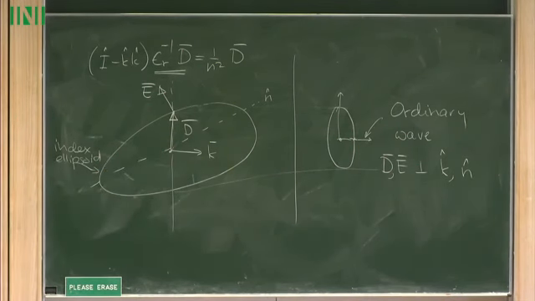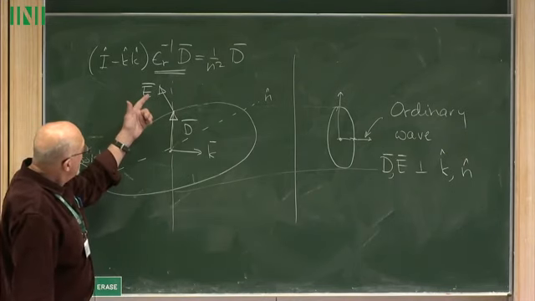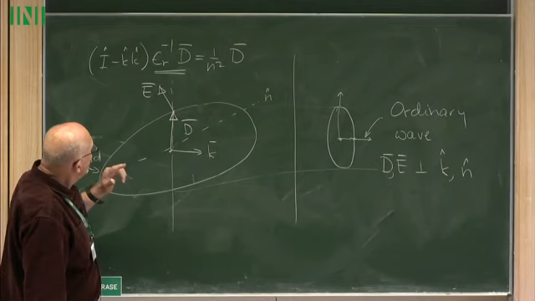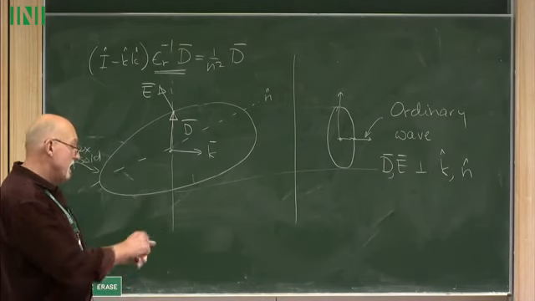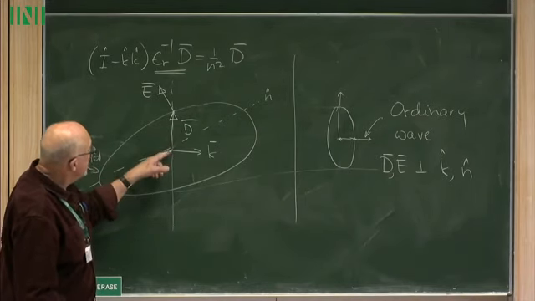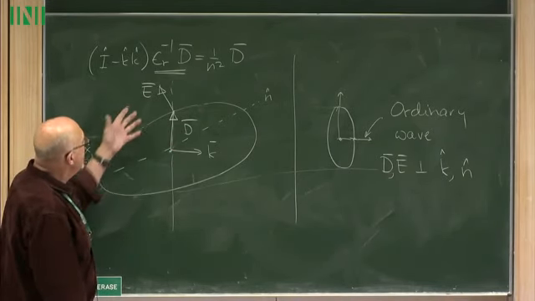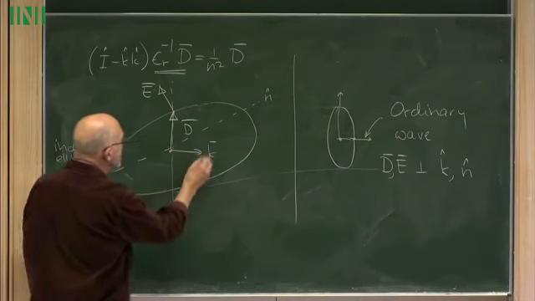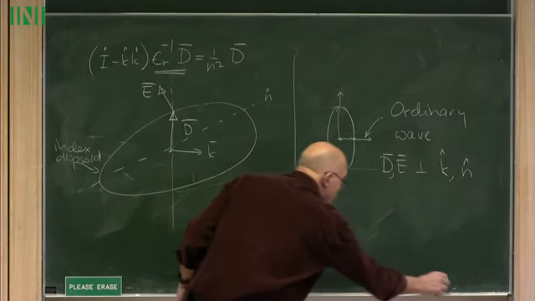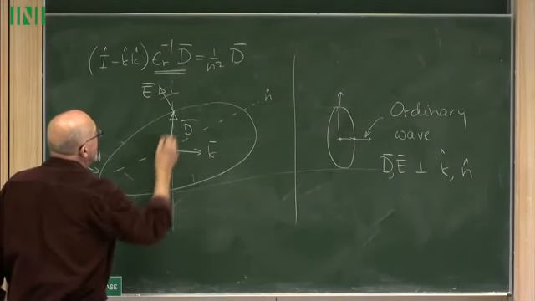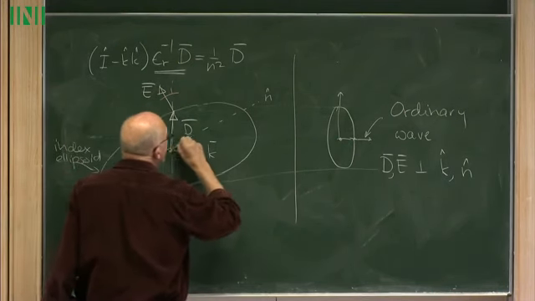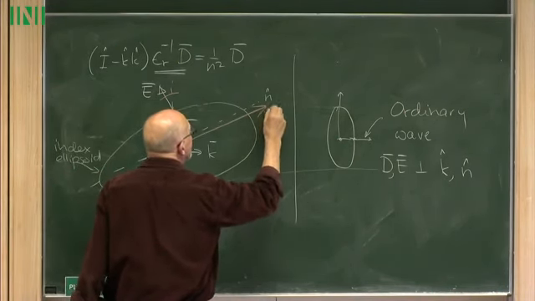And so E is not parallel to D. And so this is really interesting because now if you think about H, del cross E, so H is pointing out here, and the energy is going to be propagating not in this direction, but if this angle is beta, it is going to be propagating beta away from K. So this will be the energy, the Poynting vector.